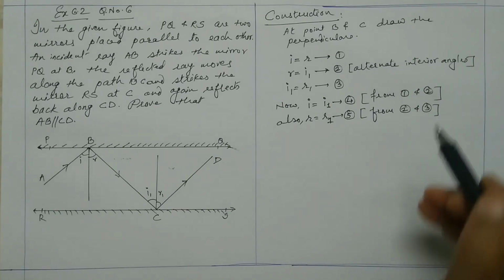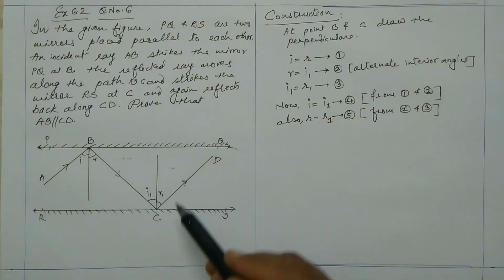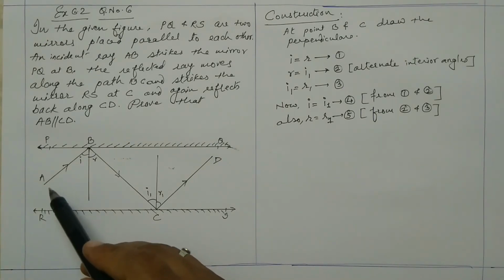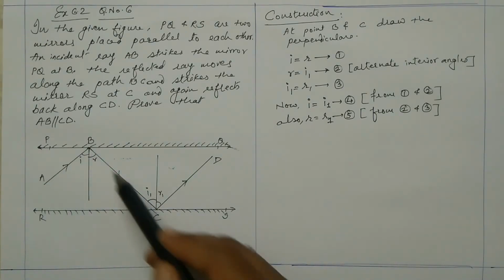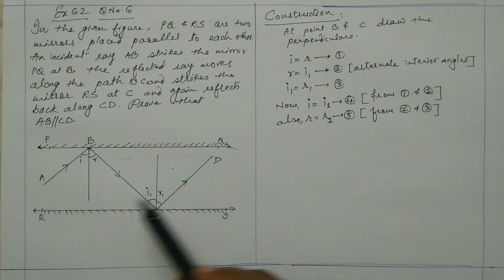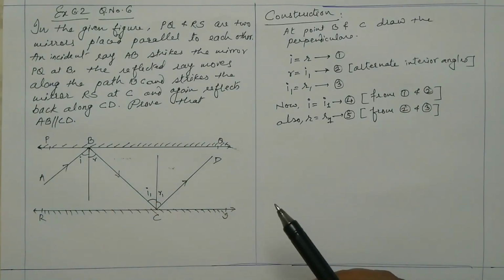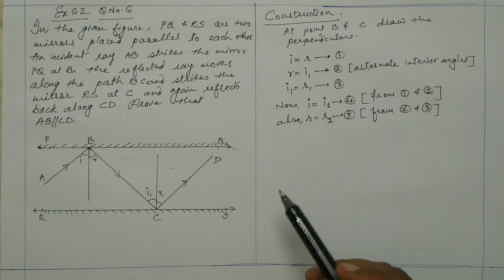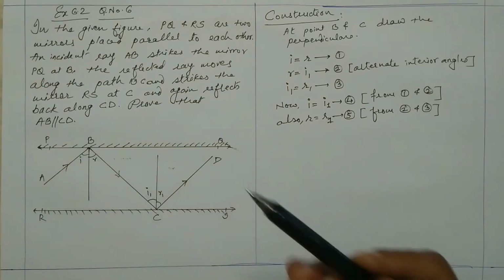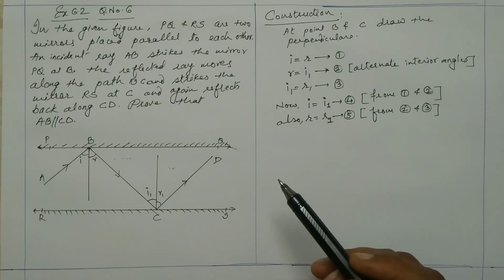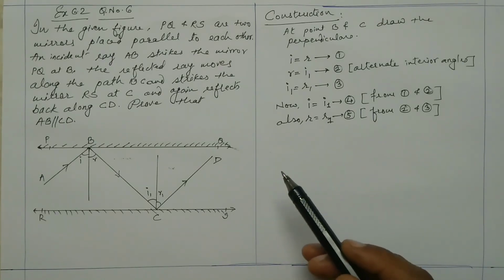Now what is your target? You want to prove AB is parallel to CD. If you are successful in proving angle ABC is equal to BCD, which pair are they forming? ABC and BCD form alternate interior angles. If we prove ABC is equal to BCD, then AB is parallel to CD by the converse of the alternate interior angles test.